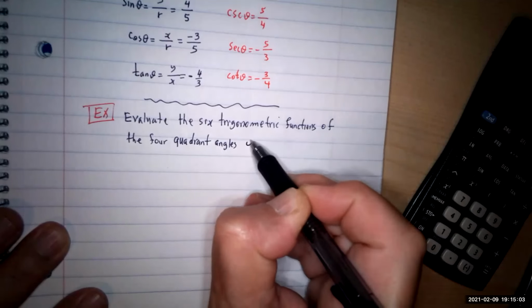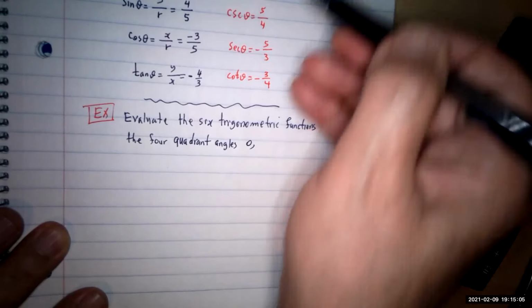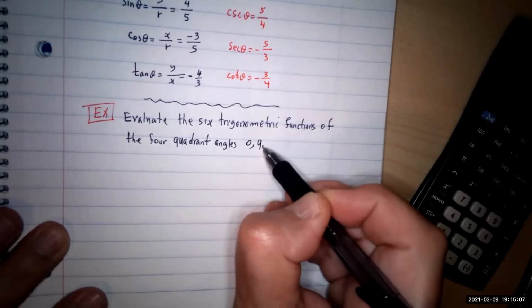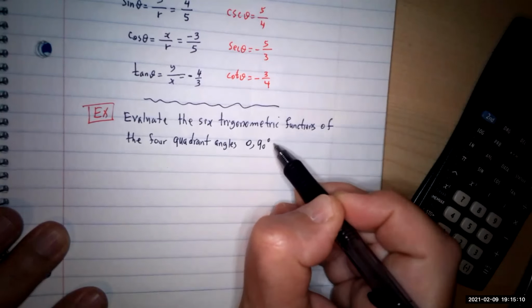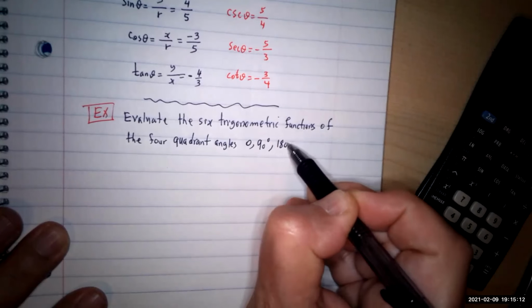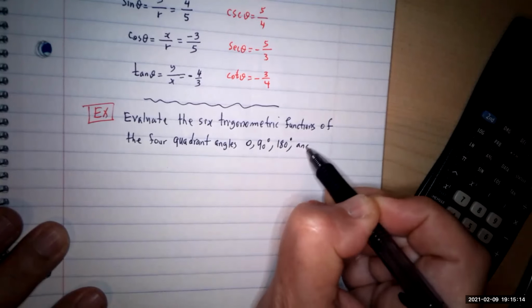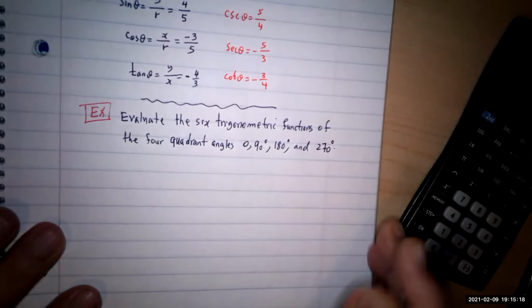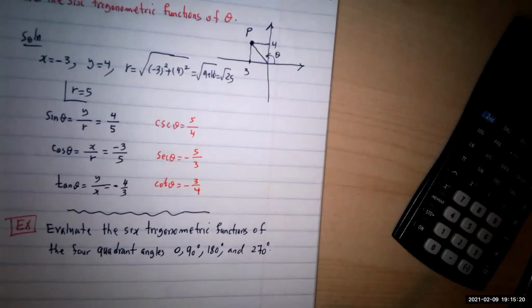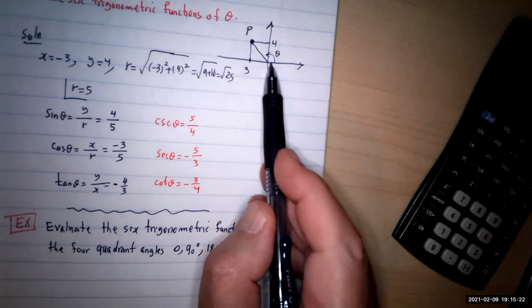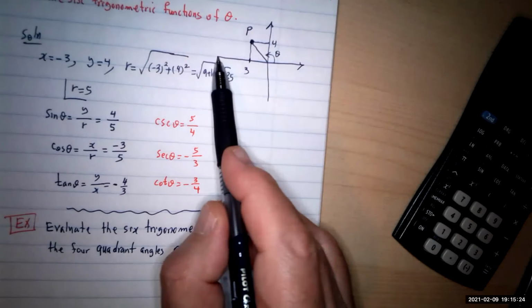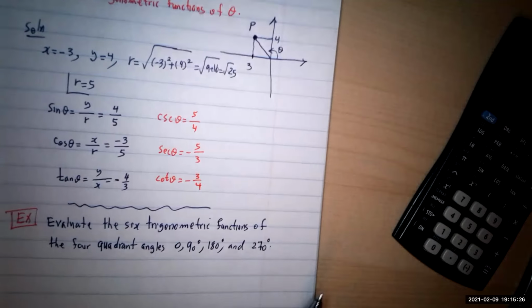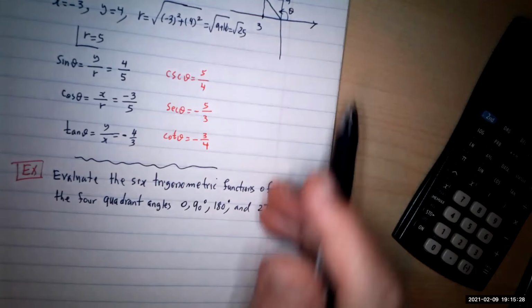They are going to be 0, 90 degrees, 180 degrees, and 270 degrees. These are called quadrant angles. See, 0, 90, 180, 270. And if you come back, you get to 360 again.